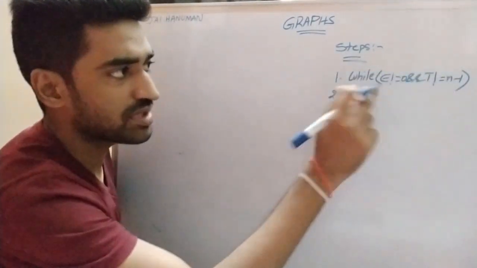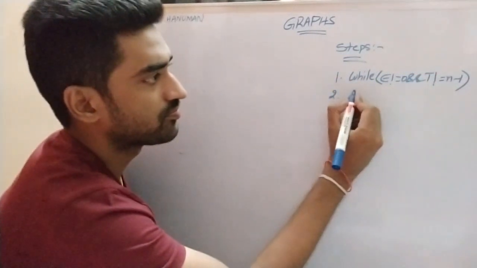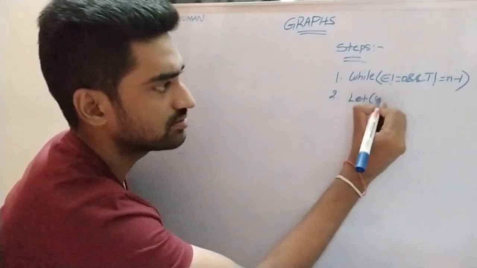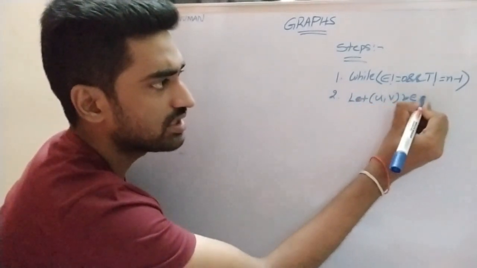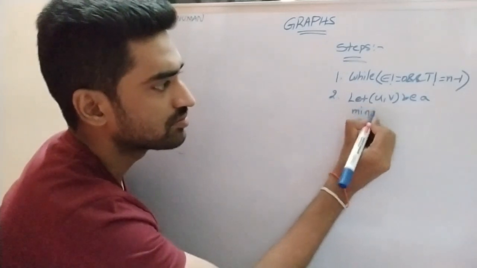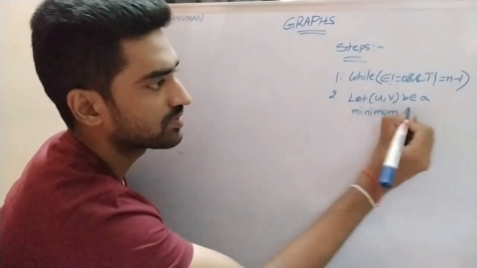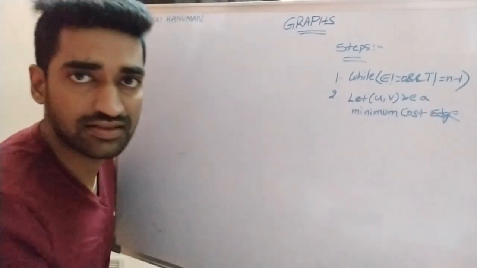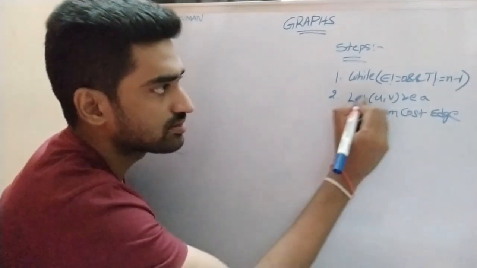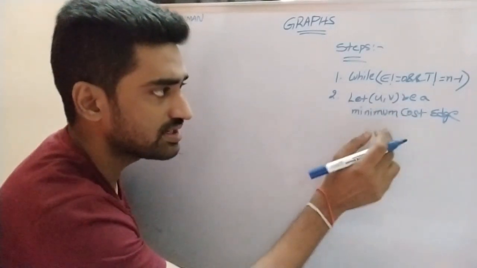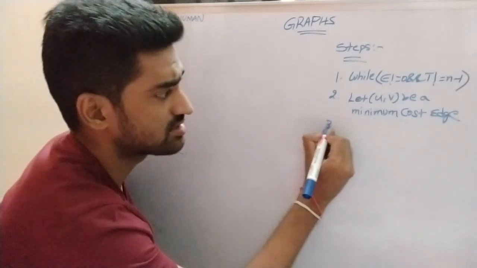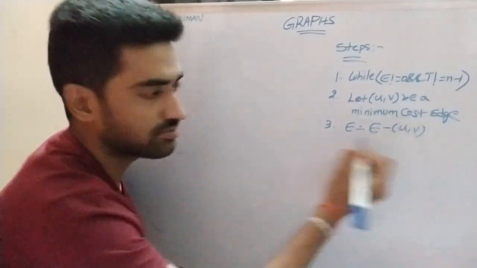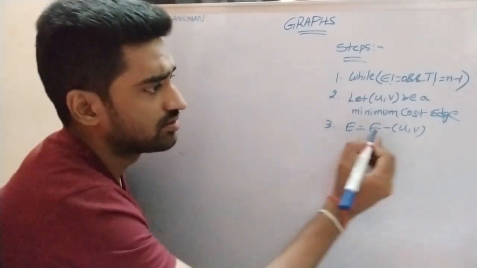Once this condition becomes true, let (u, v) be a minimum cost edge. Then this minimum cost edge is deleted from the set of network edges, that is, E = E - (u, v).